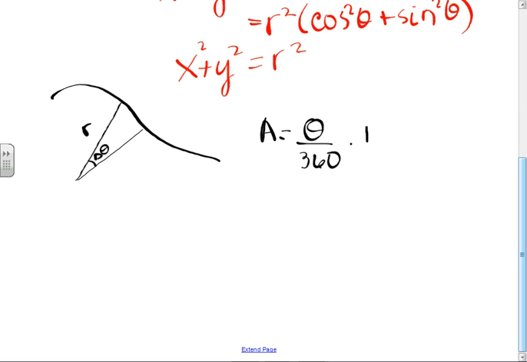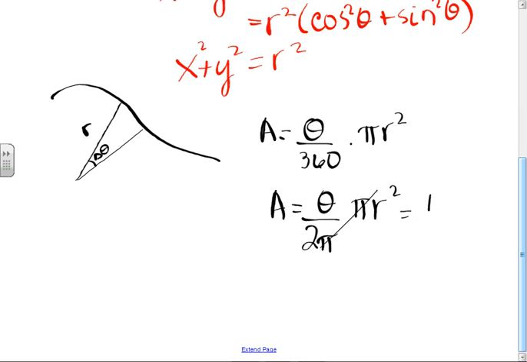This is in case you forget. Pi r squared, because we all know that, right? It's what part of the circle we have, times the area of the circle. Well, there's 2 pi radians in 360 degrees. And that's pi r squared. The pi's go. And so the area is 1/2 r squared times theta.